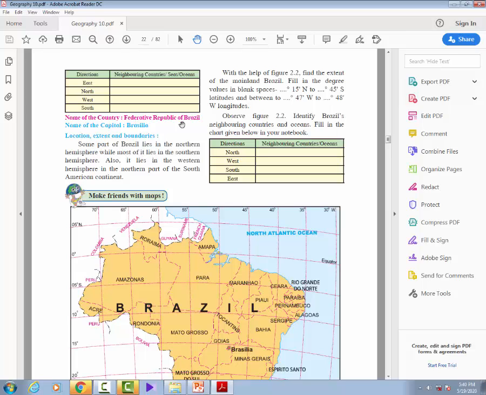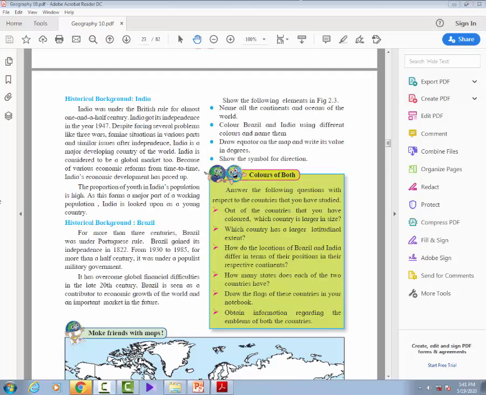In India we have a parliamentary type of federal system, but in Brazil they have a presidential type of system. Now the comparison between the historical background of India and Brazil. India was under British rule for almost 1.5 century. India got its independence in the year 1947, as we all know.